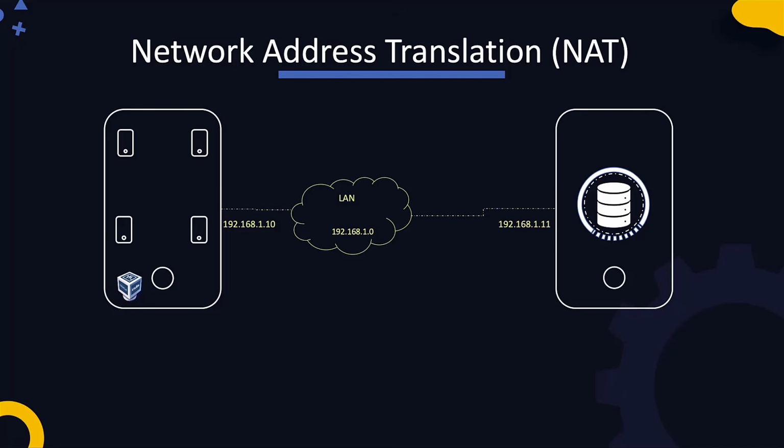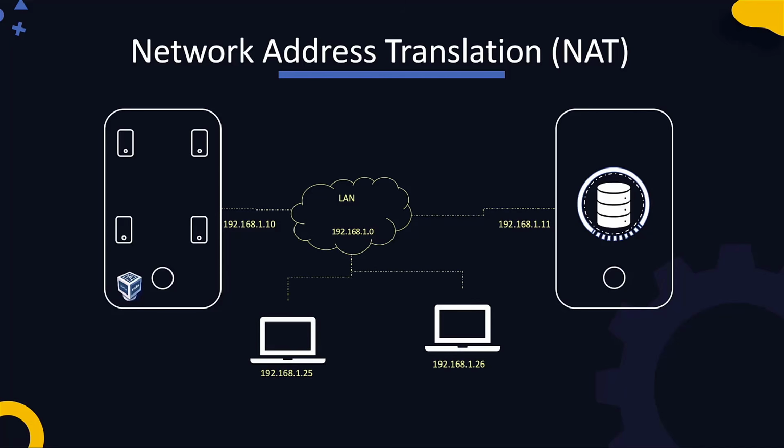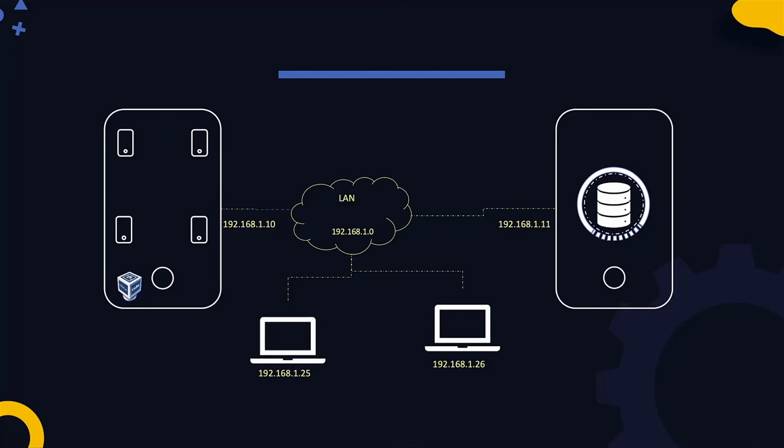So say, for example, there's a web application running on one of these VMs, and there are other systems on our network, such as laptops, and these laptops want to access the web server that's running inside one of these VMs. So let's look at another kind of network known as a bridge network.